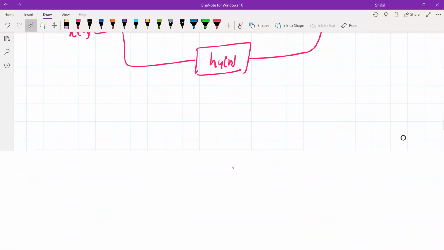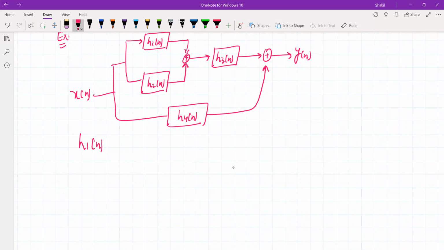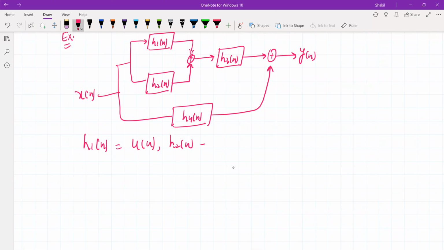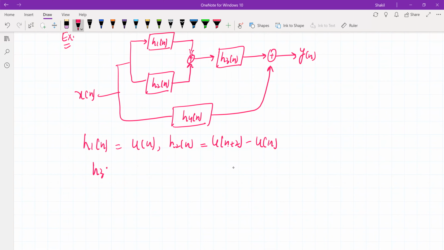The impulse responses are given to us, where h1 of n is equal to u of n, h2 of n is u of n plus 2 minus u of n, h3 of n is delta of n minus 2, and h4 of n is alpha raised to the power n times u of n.